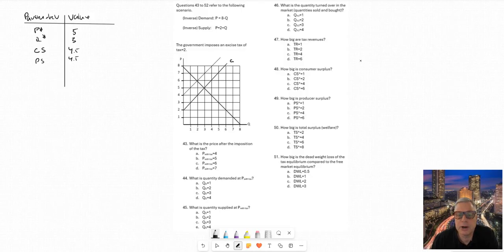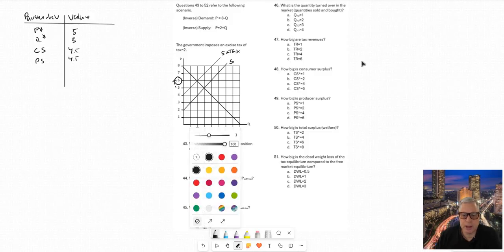So we have here our old supply, and here the supply plus the tax. So now the price goes up from the former equilibrium price of 5 to 6. And the equilibrium quantity, which used to be 3, went down to 2. So maybe I'll make it bigger.